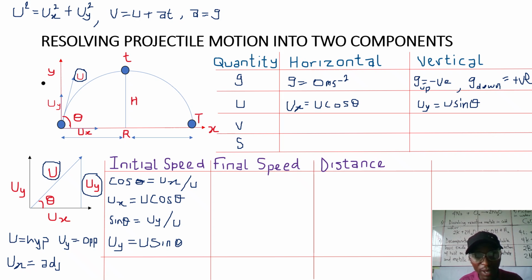gravity. So now, to get the expression for our final speed along the horizontal axis, which is Vx, that will be equal to Ux, our initial speed along the horizontal axis, plus GT, since our A becomes G. Then we have established earlier that our G along the horizontal axis is equal to 0 meters per second.